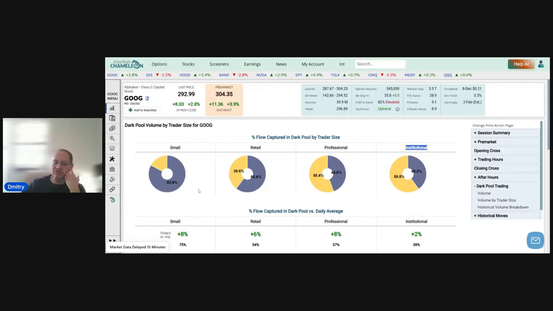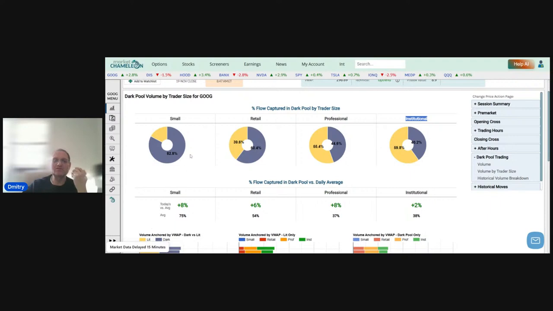So now that we get a sense of how things work, we can look at this breakdown. And here we see in Google that the volume increased across the board in the dark pools. So in the small, retail, professional, and institutional, right?